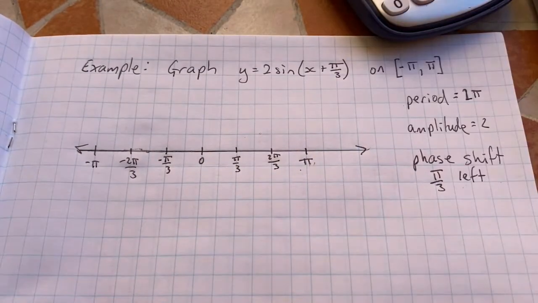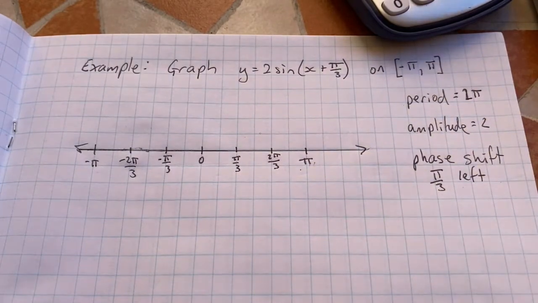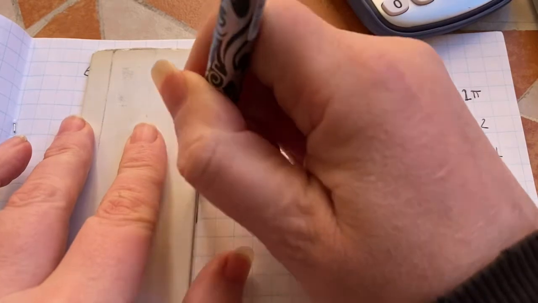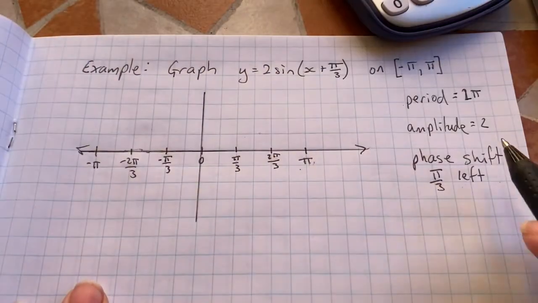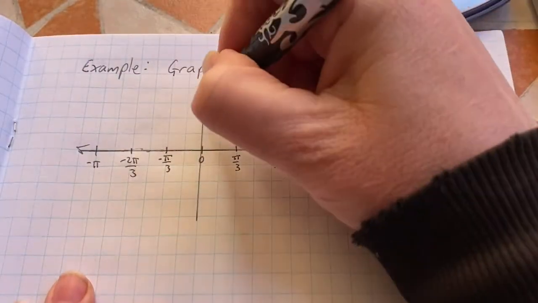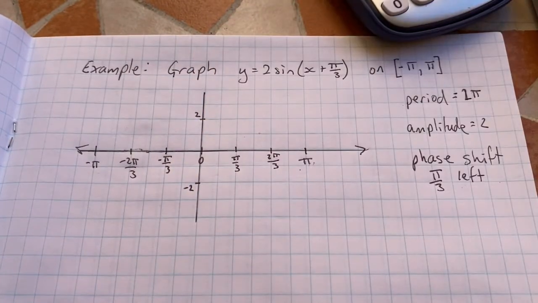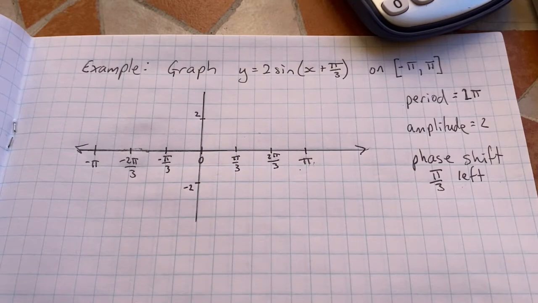By using this scale, it's really, really helpful for us. Now let's throw in a y-axis there. Of course, because the amplitude is 2, the top of our curve will be 2 and -2. You can put those numbers on at the end if you want to.